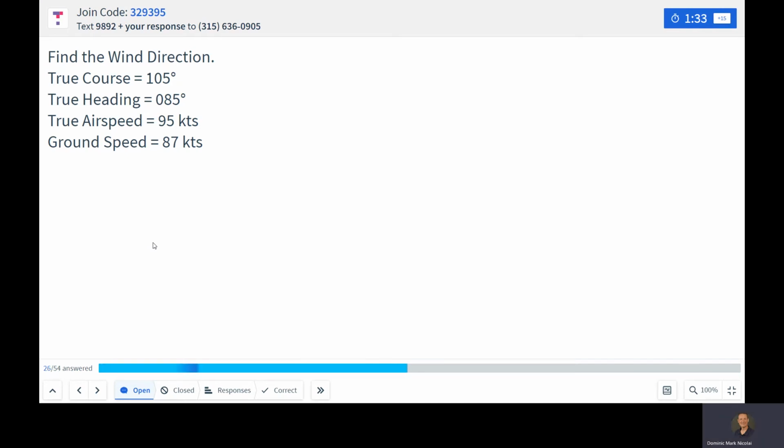Then after that, all you have to do is spin until your wind dot's on the index line. Count the number of divisions between the center grommet and the wind dot.